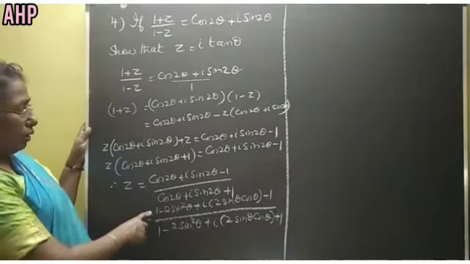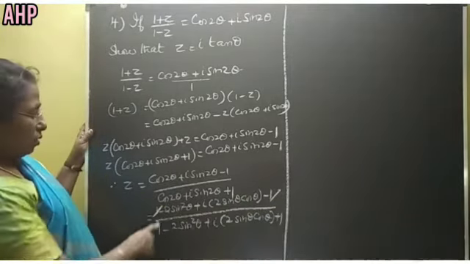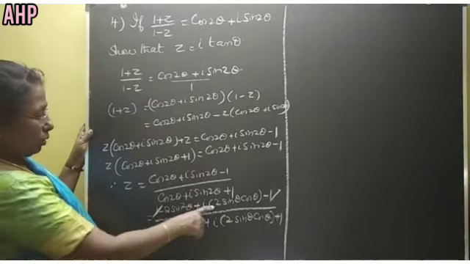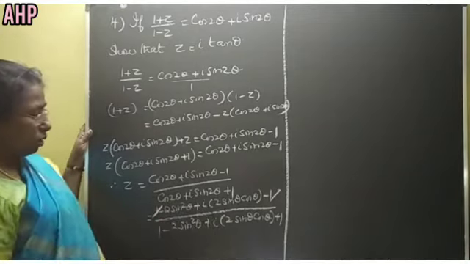In the next line we can see the plus 1 and minus 1 get cancelled. So we get minus 2 sin square θ plus i into 2 sin θ cos θ.